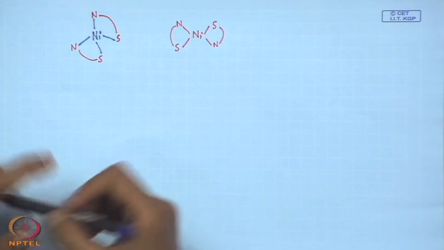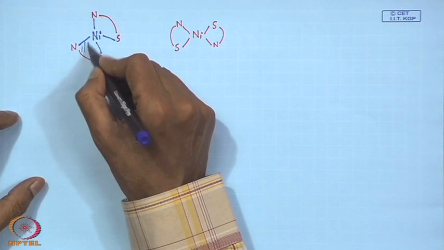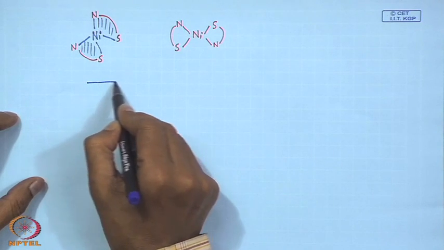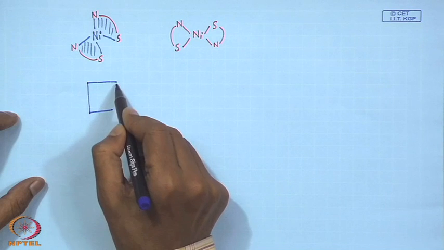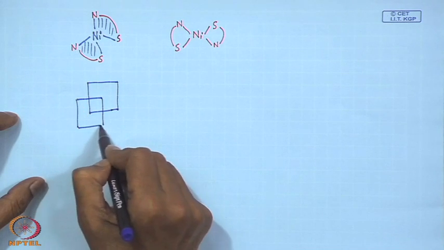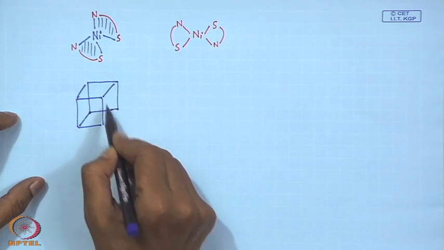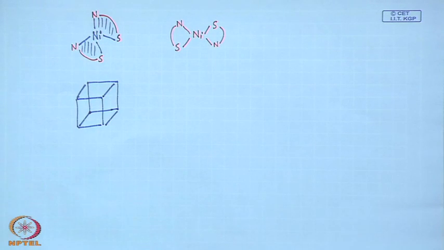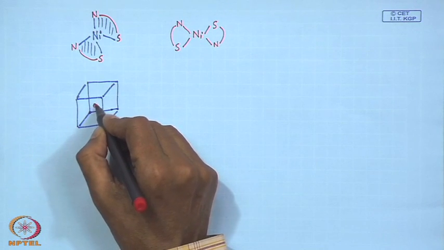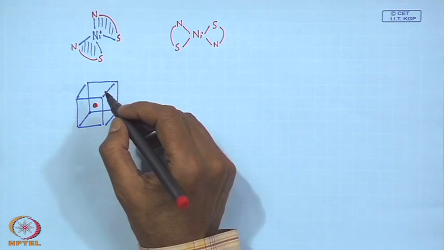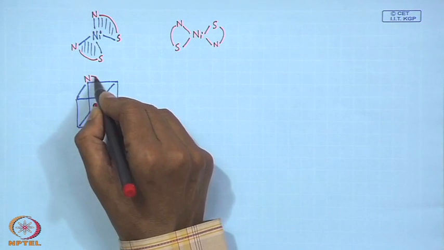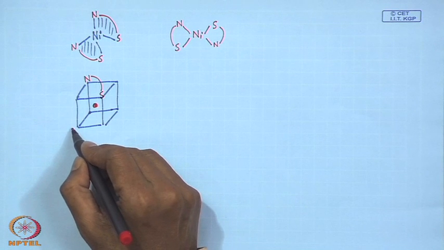So, we see these two coordinating planes when we consider them within a cube, where the nickel is sitting at the center of the cube and these alternate coordinates are occupied by these groups.